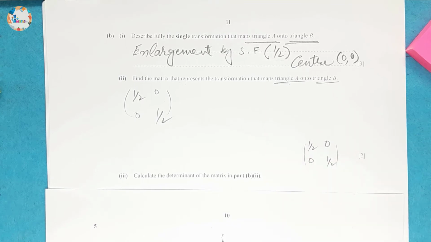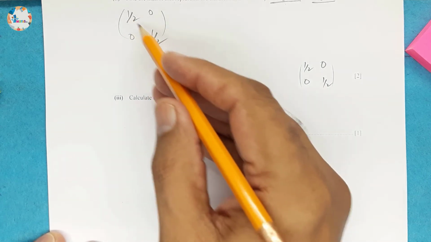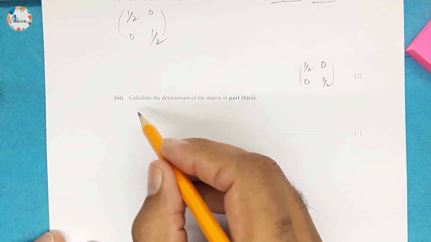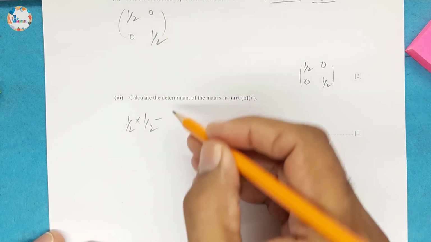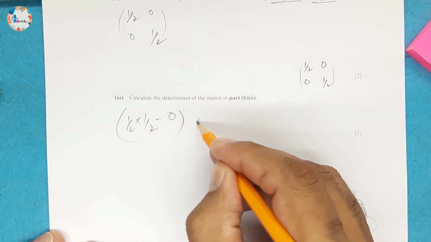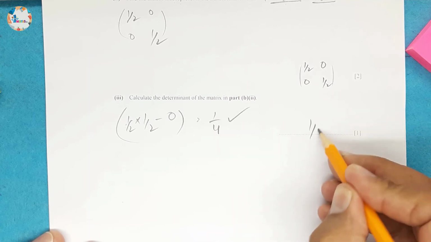This will be our answer for this part. Then calculate the determinant of the matrix in part B2. So we have to calculate the determinant of this one. The determinant will be this multiplied by this, which is 1 by 2 into 1 by 2, minus this into this, which will be 0. So this is equal to 1 by 4, and our answer will be 1 by 4.